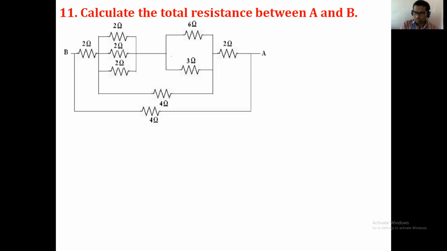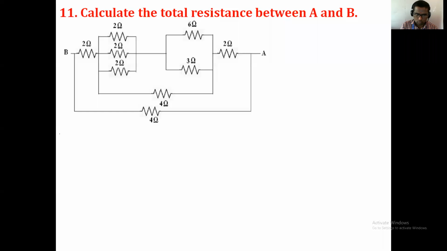Calculate its total resistance. Then the total resistance of this series combination is in parallel with this 4 ohm resistance. Calculate its total resistance. Then this 2 ohm and this 2 ohm are in series. Again, take the total resistance, and this 4 ohm is in parallel with the complete total resistance. In this way, you can solve it. Get my point? Yes, sir.